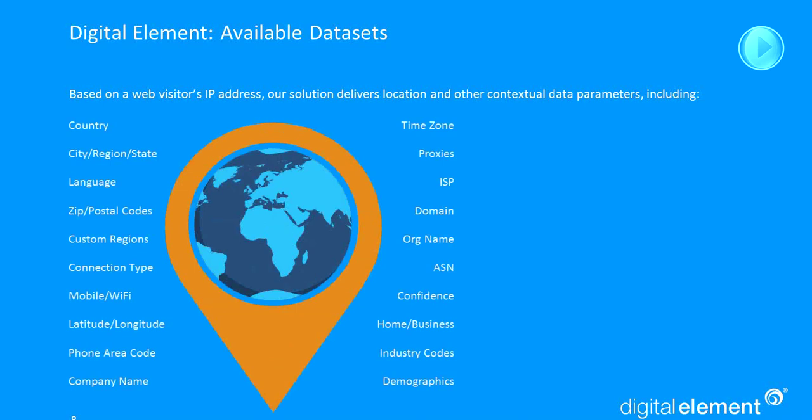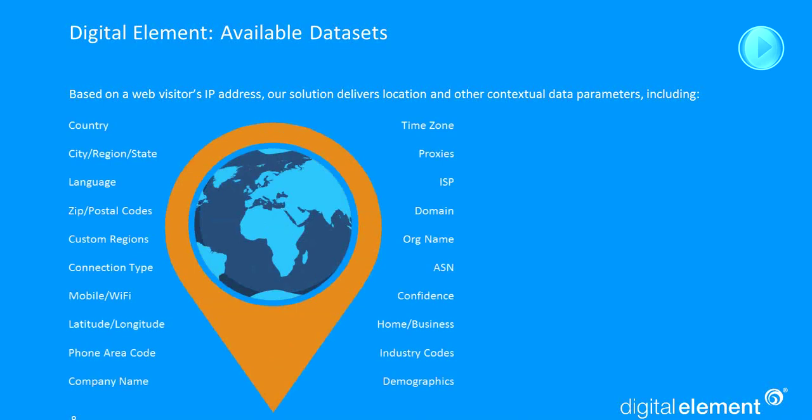But an IP also carries other pieces of information that we can derive from it, such as language, the regions, the connection type that the user is using, that might be broadband, mobile, Wi-Fi. We can also include the lat-long of the center of that zip code or city, phone area code, company name. If that IP belongs to a company, we're going to be able to tell you what that company name is, what the domain is. We also can tell you what ISP a user is using.